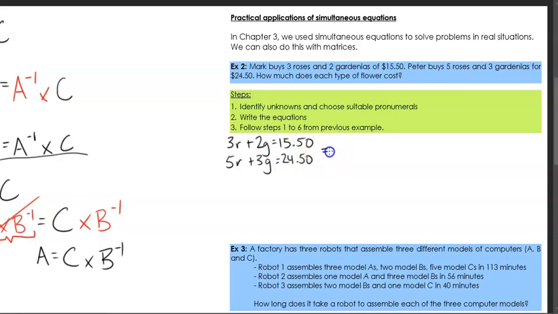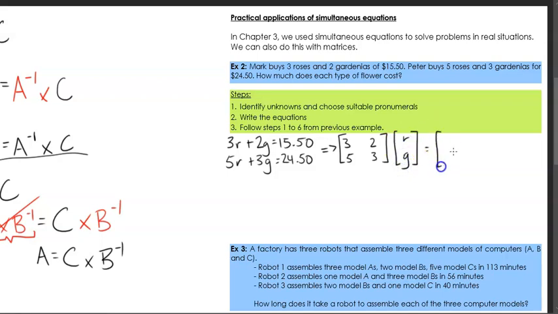$24.50. But now we want to write this in the format of a matrix. So let's get the numbers in front of the pronumerals: 3 and 2, 5 and 3. Next to this we'll have our column of letters that we're using, so R and G, roses and gardenias.